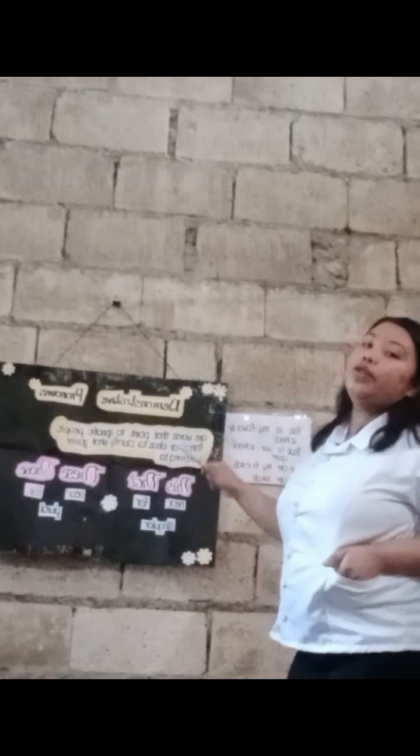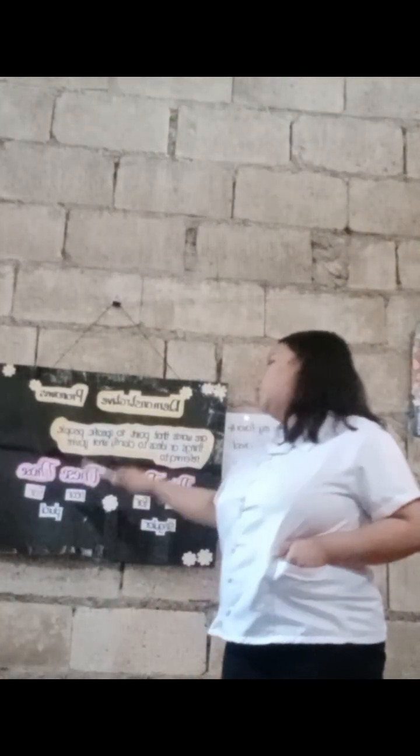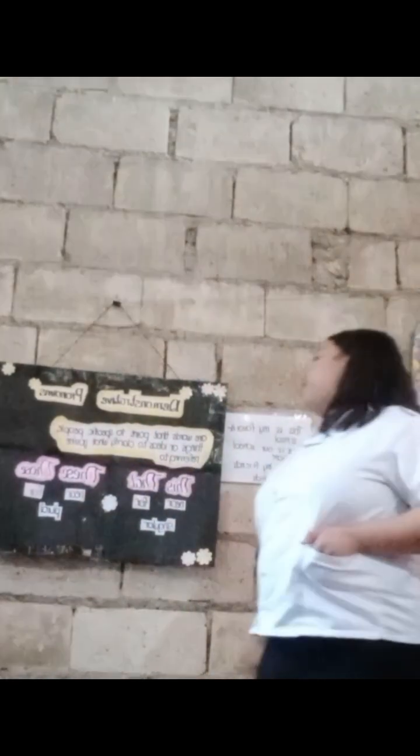When we say that, it is far, and it is singular, so only one thing. When we say these, it refers to a near place. And when we say those, it is also far, and it's plural, or many.